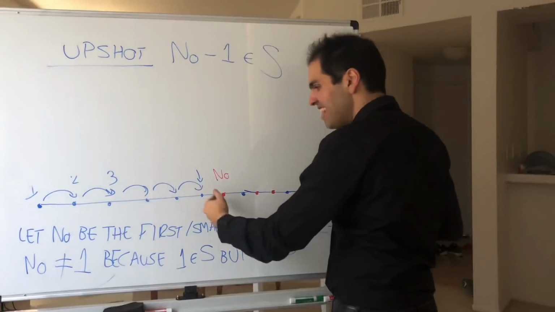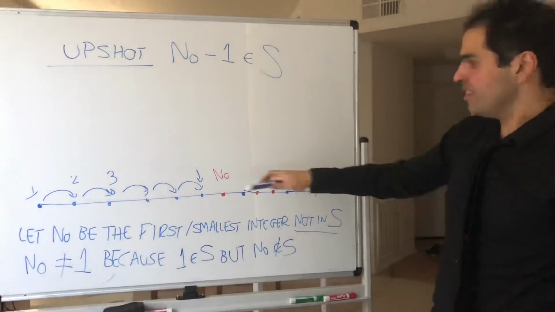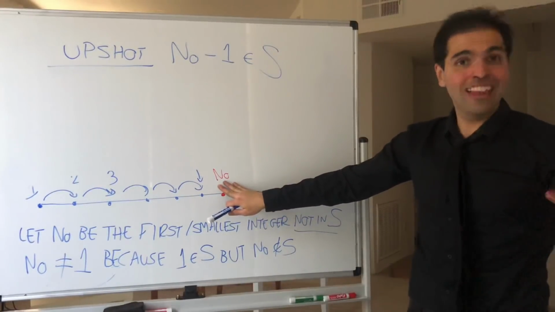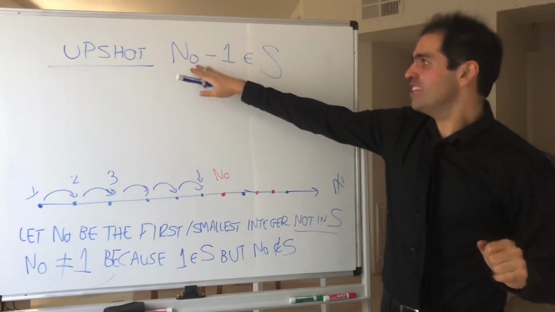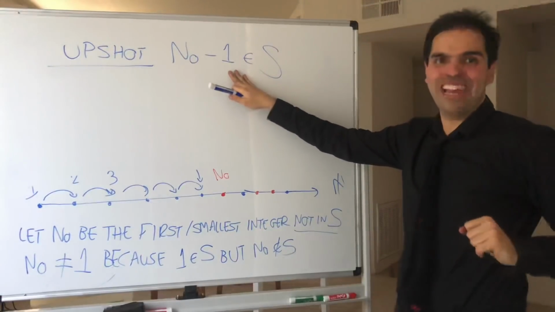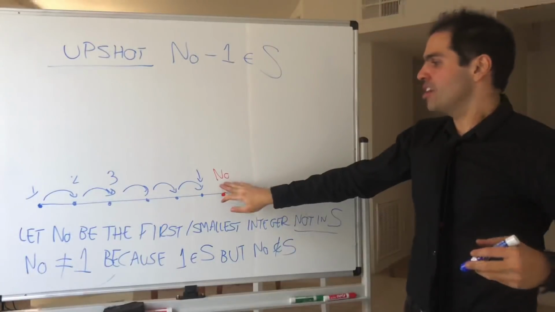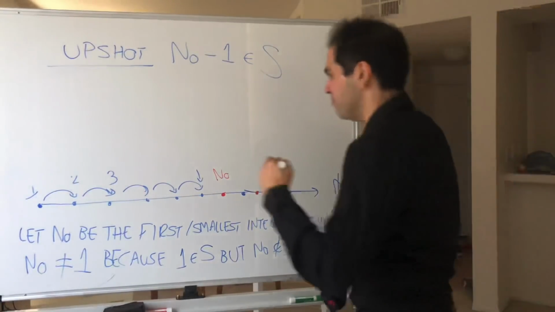Because everything that precedes N naught is in S. Because remember, we assumed N naught is the first element that is not in S. It's the smallest one. So if this is not in S, it would be a new and smaller candidate of an element that's not in S, and that contradicts the property of N naught being the smallest one.